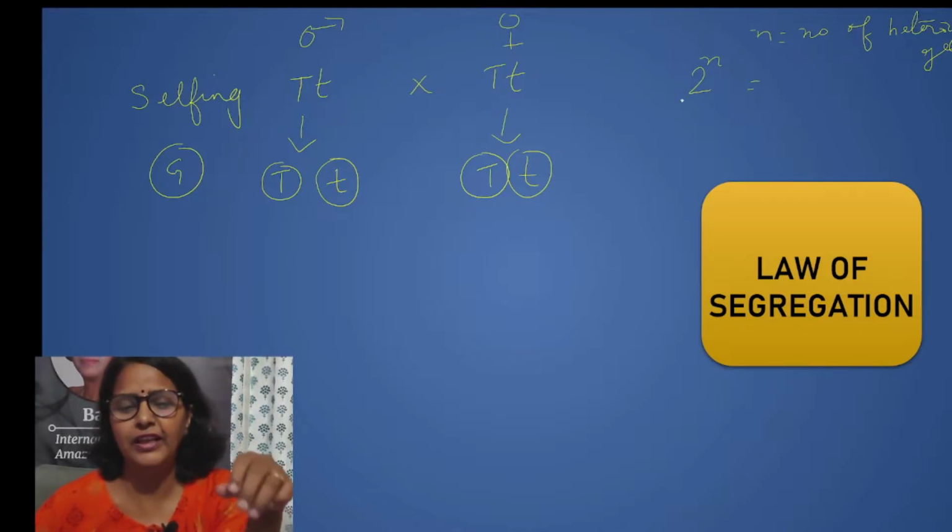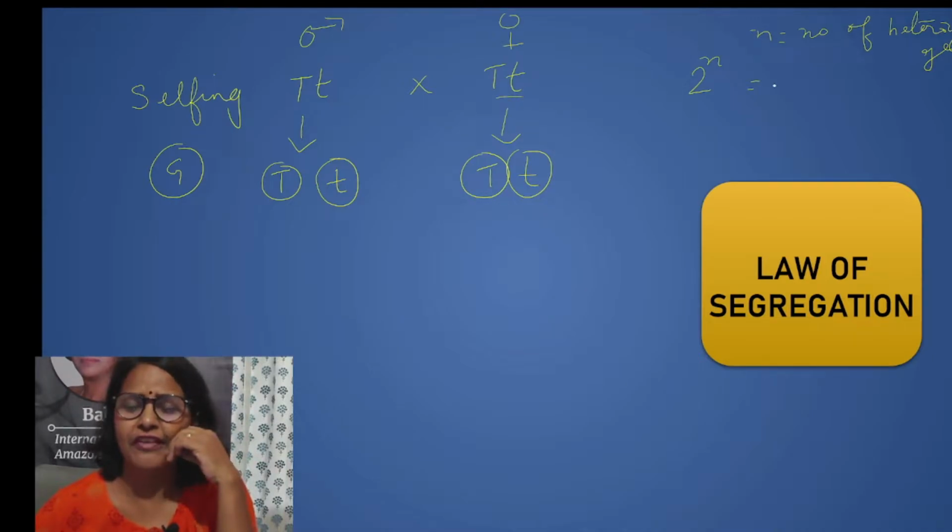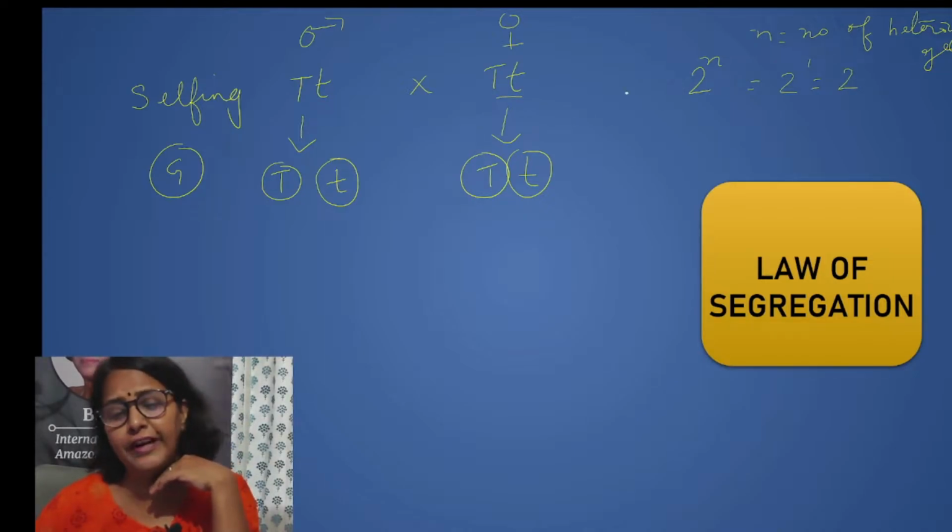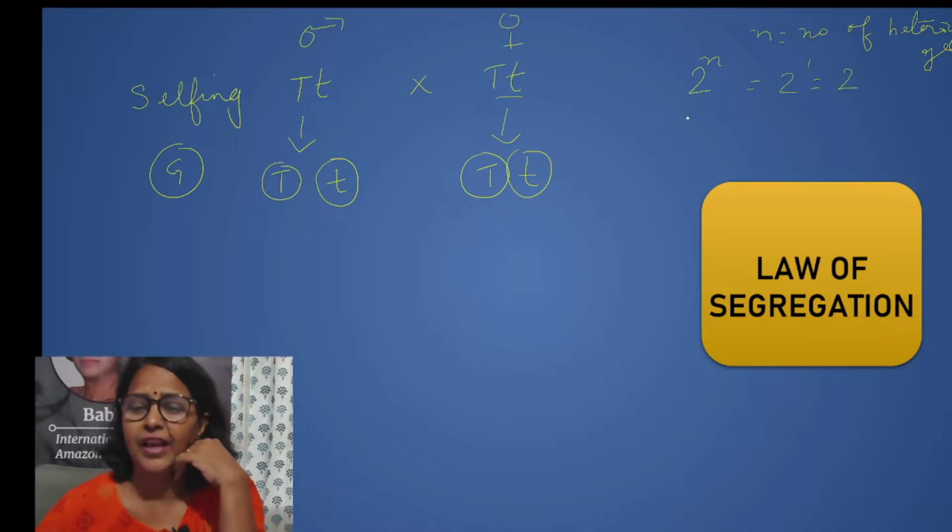For example, in this case we have one heterozygous gene, so it will be 2 to the power 1. So how many gametes will be formed? Two different types of gametes will be formed. In this case, capital T, well, how many? We don't have any heterozygous gene, so it is 2 to the power 0. So how many types of gametes are to be formed?